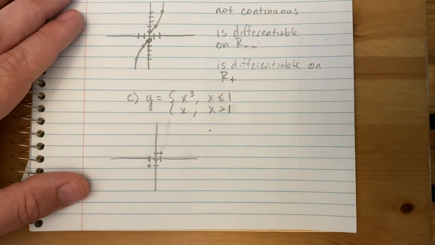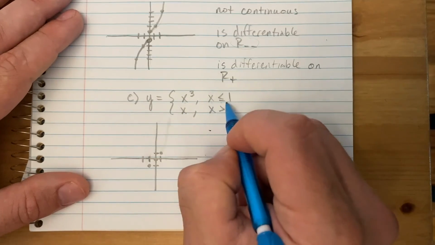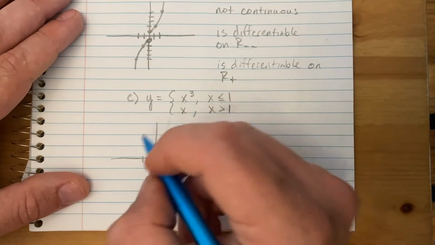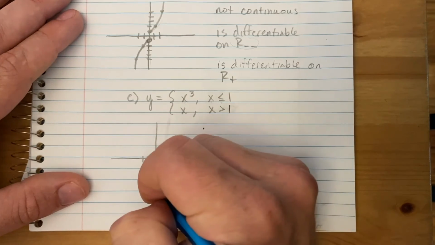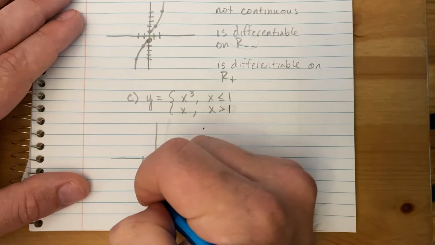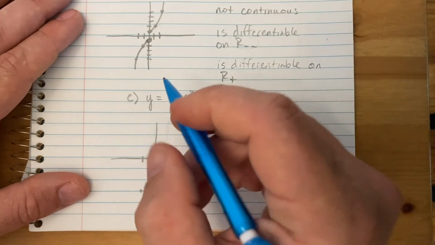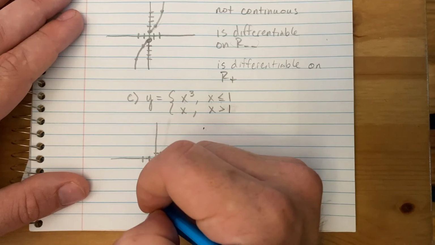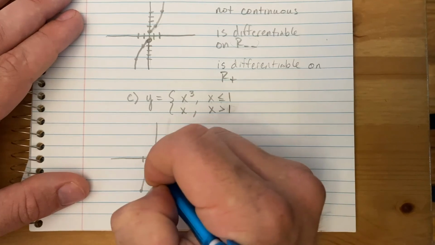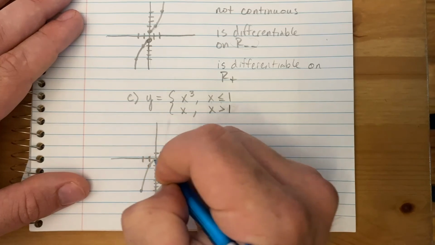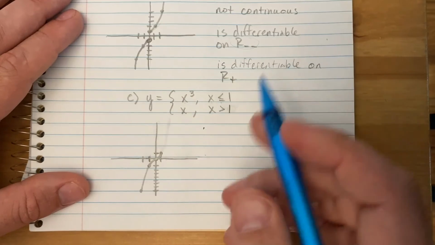We'll go one more. When x is equal to negative 2, this will be negative 8. So 1, 2, 3, 4, 5, 6, 7, 8. So as we can see, it kind of has that standard cubic shape here. It is going to curve that way and then curve back up as it comes to this point.